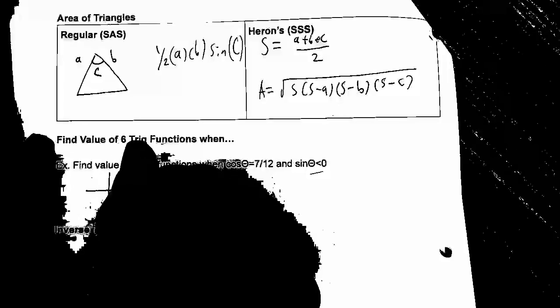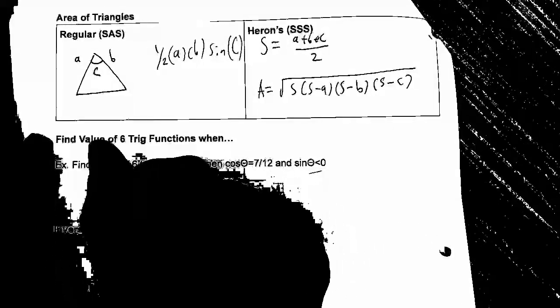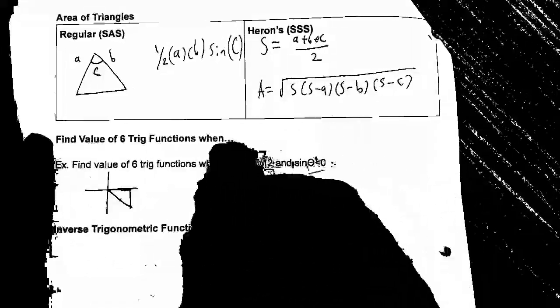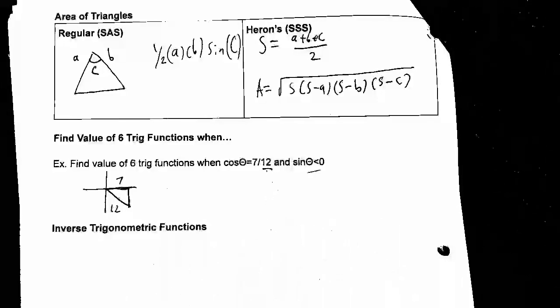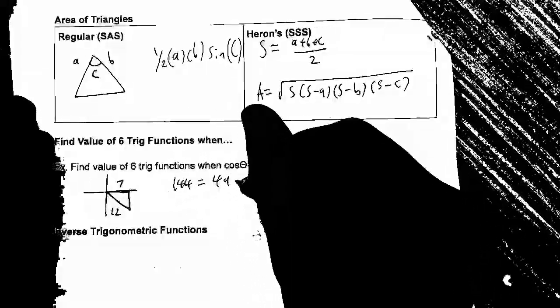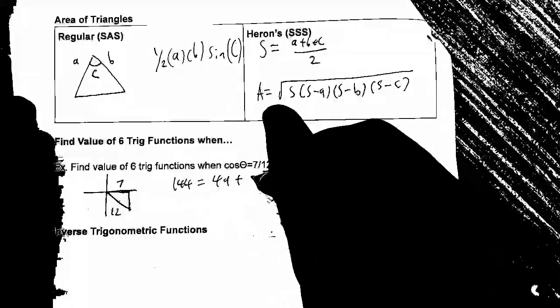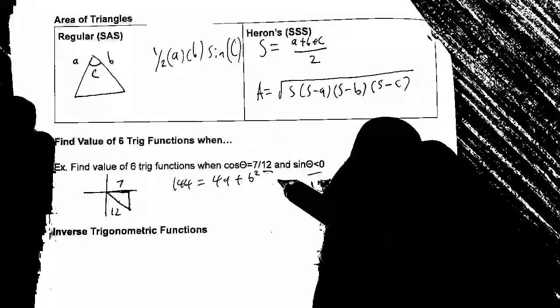So the adjacent side would be 7. We don't know the opposite side, but we do know the hypotenuse has to be 12. To get all the trig functions, we need all the side lengths. How do we find that missing side length? Pythagorean theorem. So 144 equals 49 plus b squared, whatever variable you want to use.